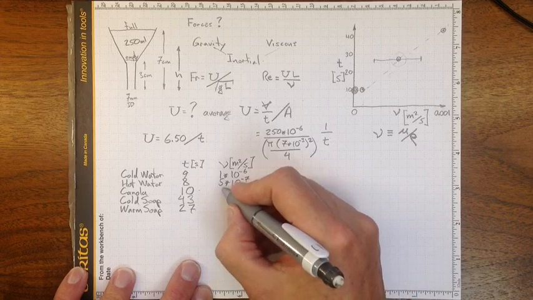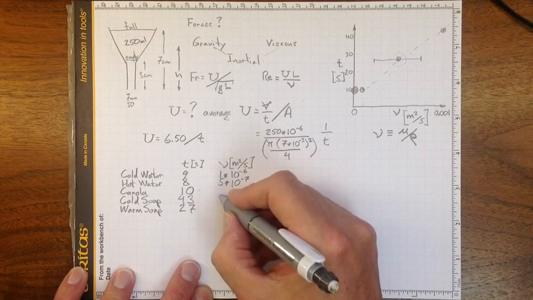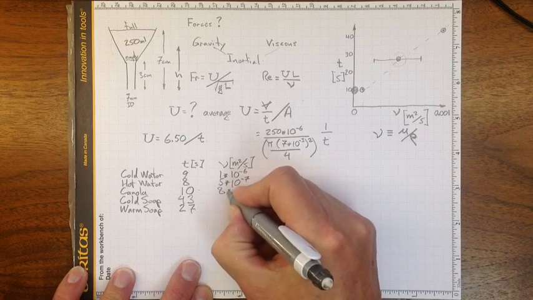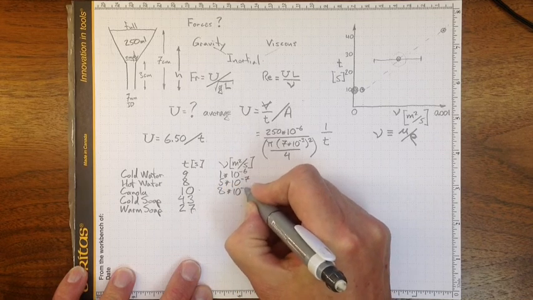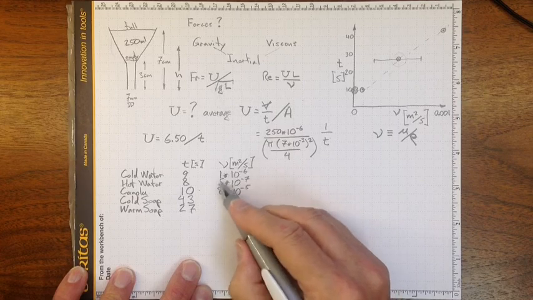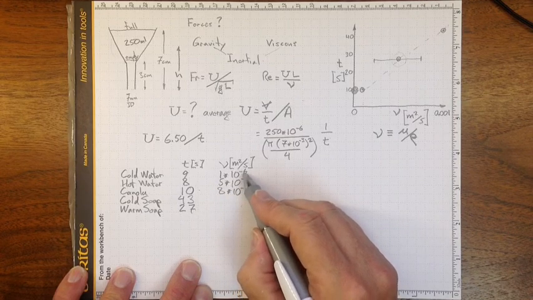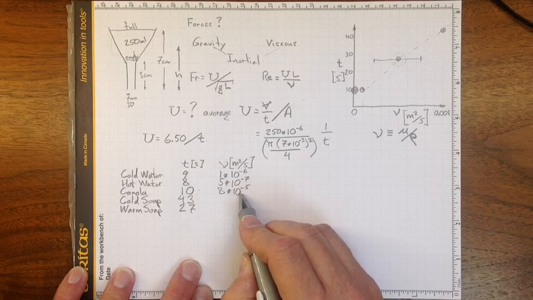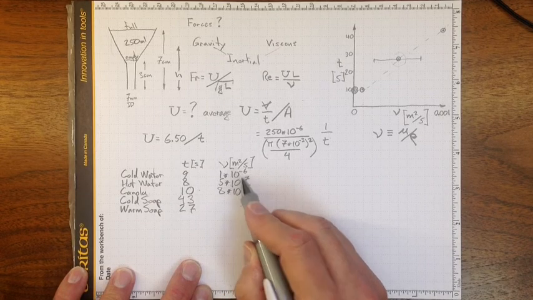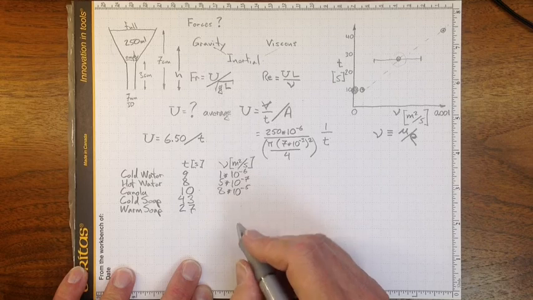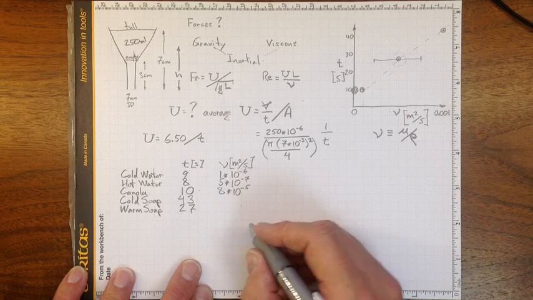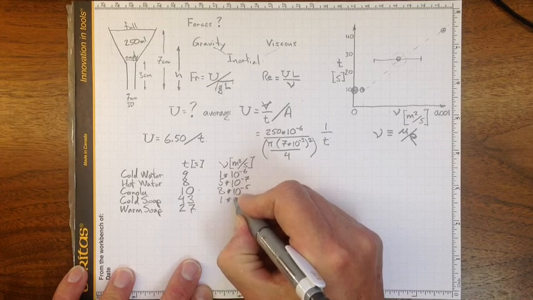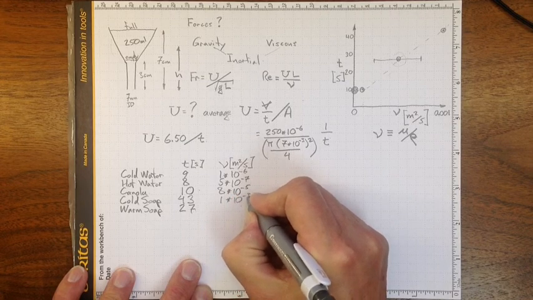Canola oil I got from the Canola Institute's website, and they gave me a value of 8 times 10 to the minus 5. So 8 versus 1, 10 to the minus 5 versus 10 to the minus 6. Canola oil almost 100 times as viscous as the cold water. For dish soap, all of the estimates I got fell into the range somewhere around 1 times 10 to the minus 3.